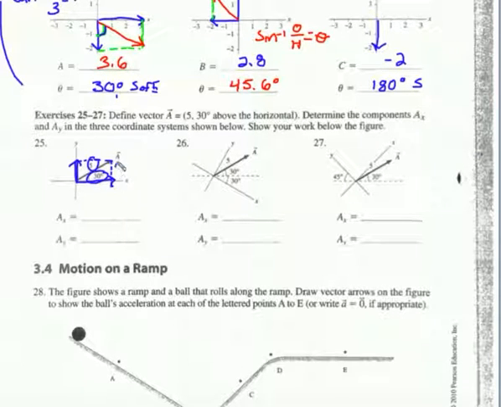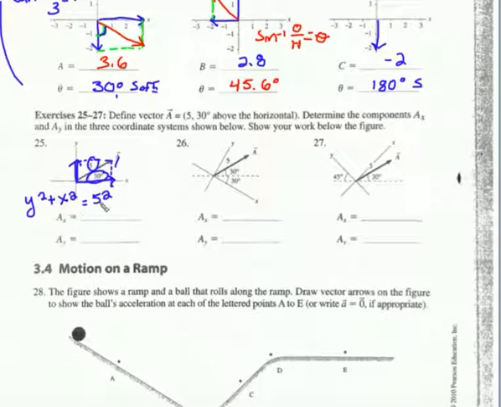And we use our Pythagorean theorem to find these x and y components. The only difference here is that we have to pay closer attention to our angles because they mess with the axis on 26 and 27.